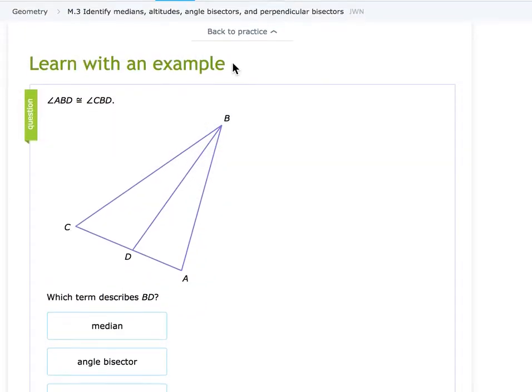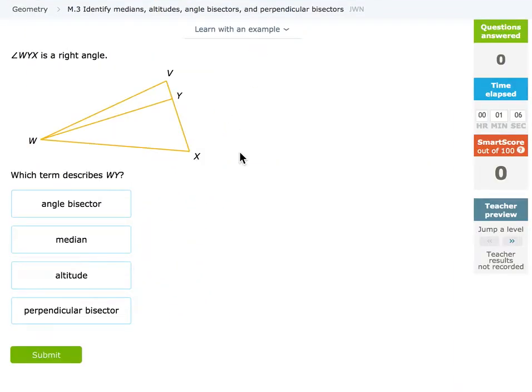Okay, so now let's do some practice. Angle WYX is a right angle. Where's WYX? That is a right angle. Which term best describes WY?